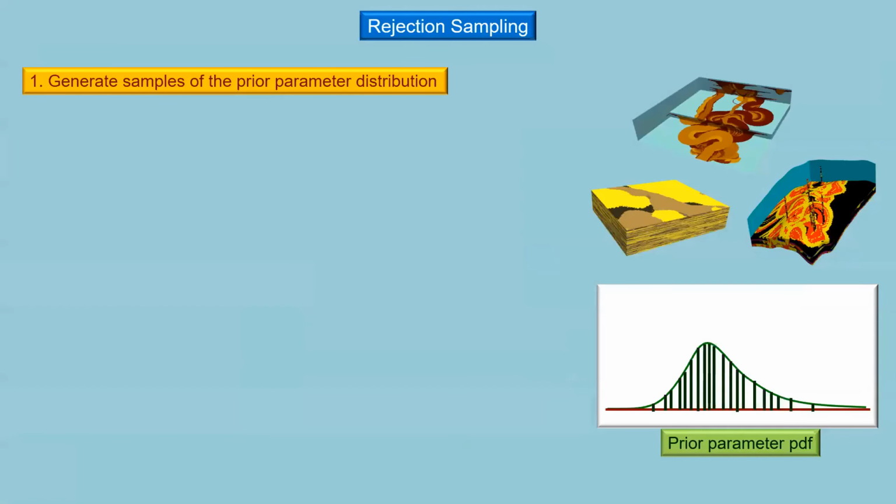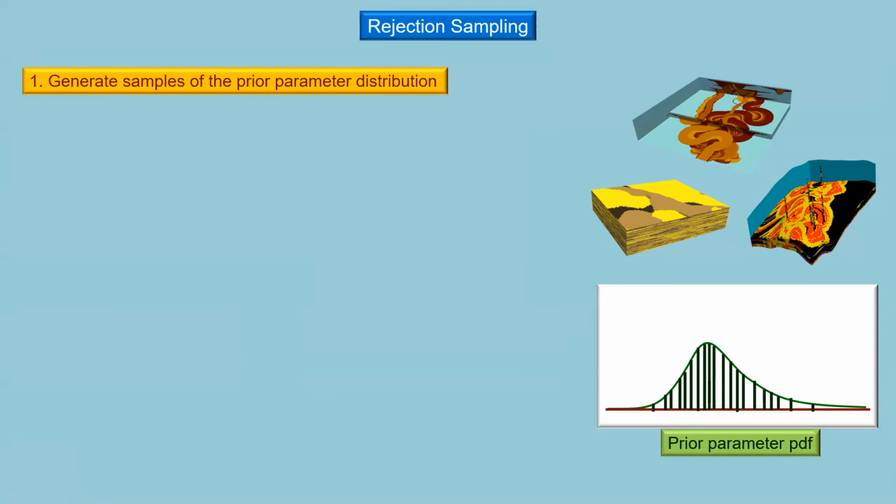Okay, so let's look at some of the ways we can do this. The first is a very inefficient way, but it still has some good things about it. One of the good things is that we can actually use these beautiful parameter fields that may arise out of modern day geostatistics.